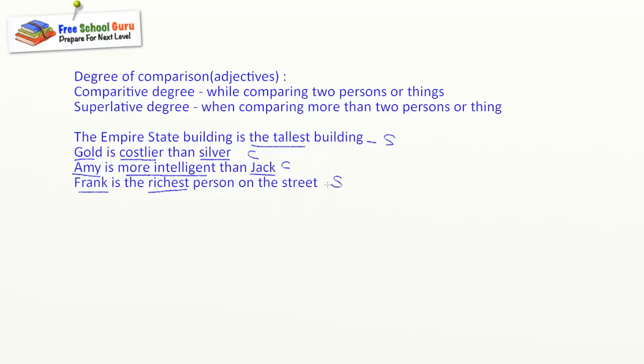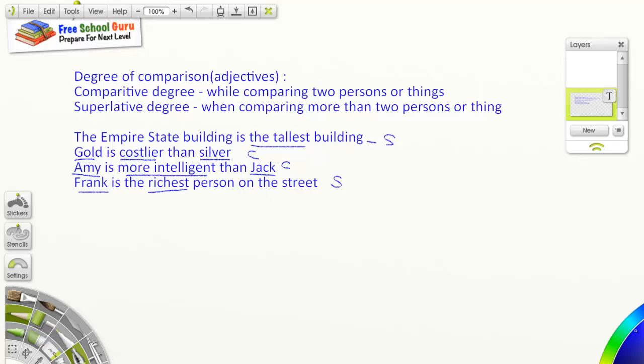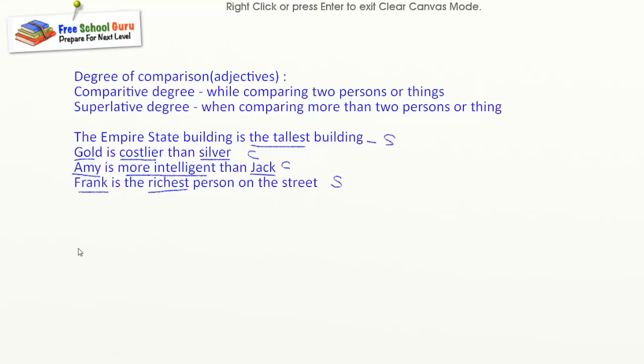Now what you need to understand is how do you convert the positive degree of an adjective? For example, costly, right? These are all positive degree. How do you convert them into comparative degree and the superlative degree? So let's say I say cost, I say sad, I say sweet.